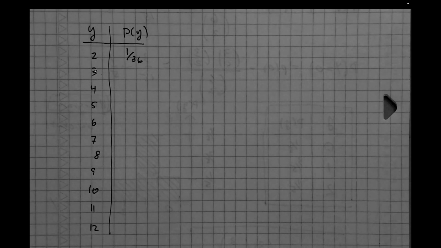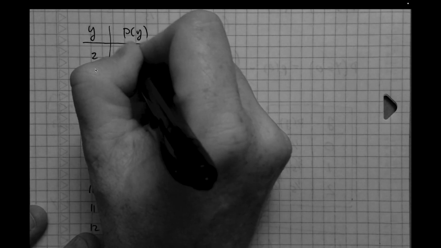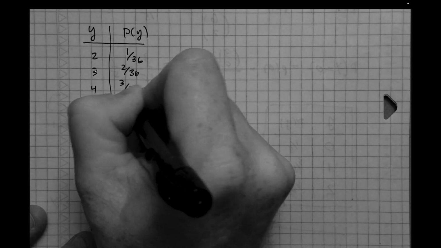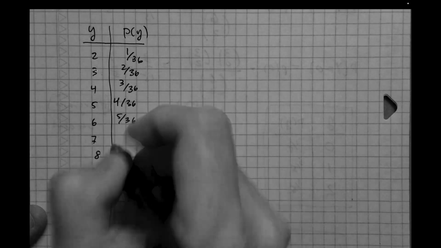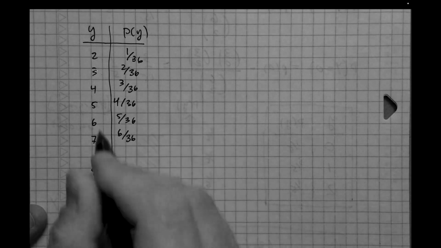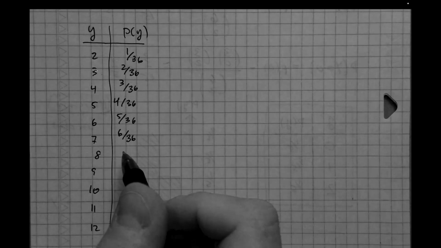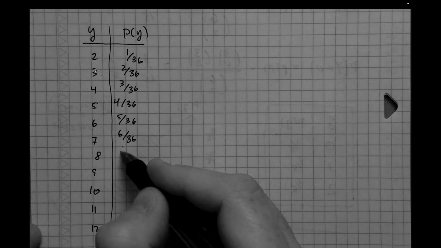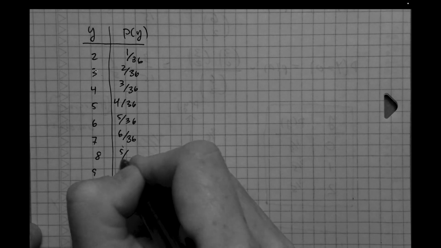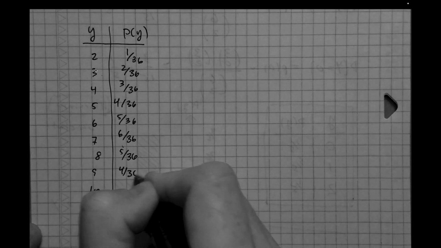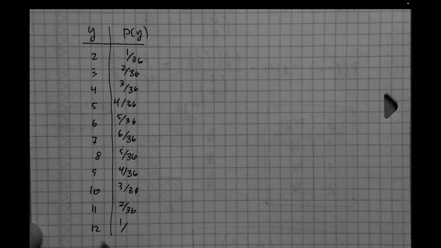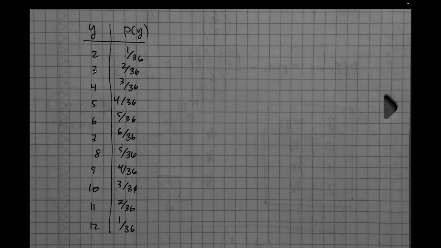So this is a very orderly probability distribution. You've got 1 out of 36, 2 out of 36, 3 out of 36, 4 out of 36, 5 out of 36, and 6 out of 36 for 7. Now after 7, it goes back down, right? 5 out of 36, 4 out of 36, 3 out of 36, 2 out of 36, and there's only one way to get a 12, so a 1 in 36 chance of that.